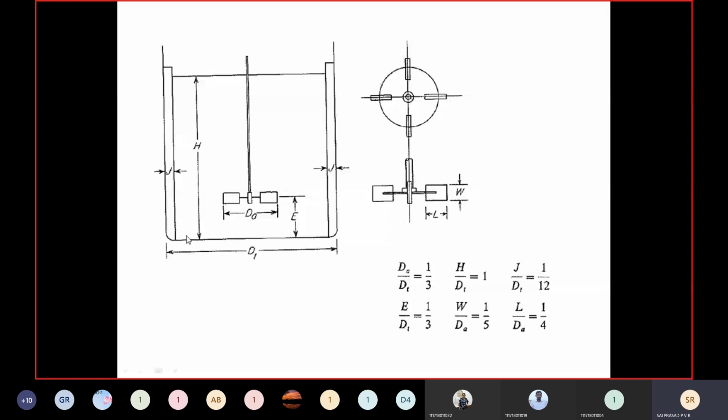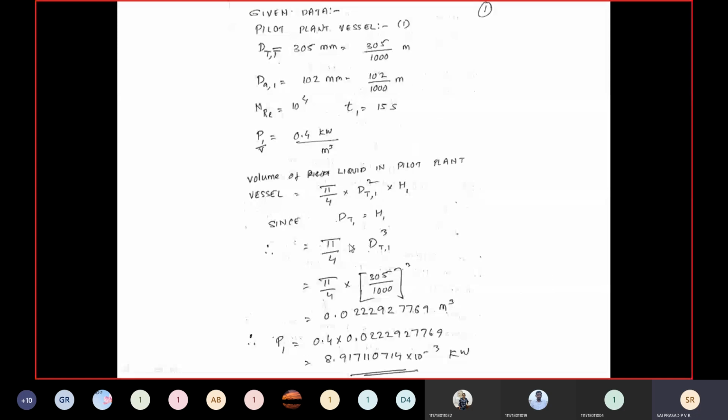So hence this equation becomes π/4 into dt comma 1 raised to 3. What is dt comma 1? It is the diameter of the tank, which is the pilot plant vessel. Substituting all these values, I get 0.022 meter cube.